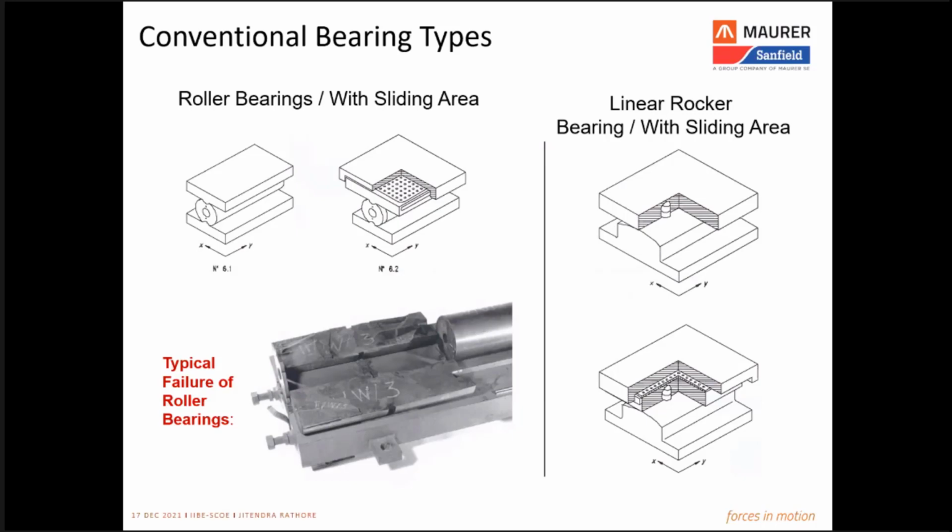In addition to this, whenever we talk about bridge bearings, we have to understand how many degrees of freedom we need to provide in our structure. At max, from the bearing point of view, there may be 6 degrees of freedom.